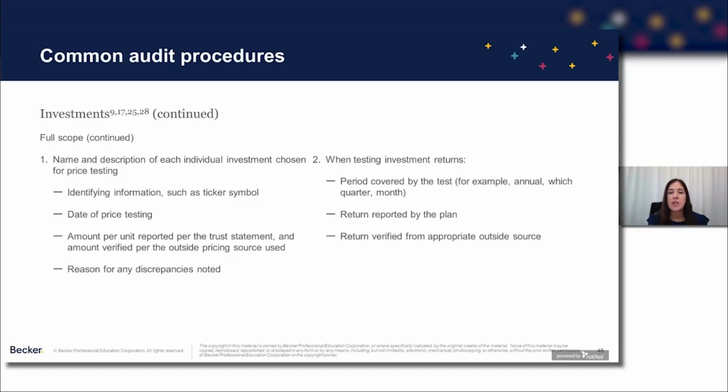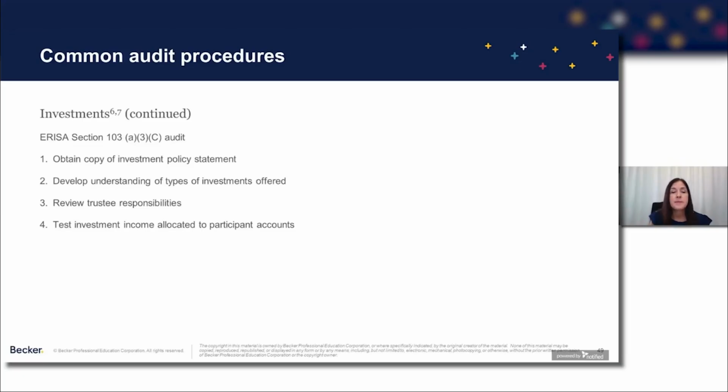You're comparing information to external sources, such as getting that ticker symbol, looking at the date of the purchase, what was the price, what was it trading at, the return reported by the plan, etc. And this is going to be very easy to do if the plan holds common stocks and or mutual funds. For the CITs and or the insurance products, obviously you're going to want to get a copy of the audited financial statements for the trust and or the insurance product to help with some of this testing.